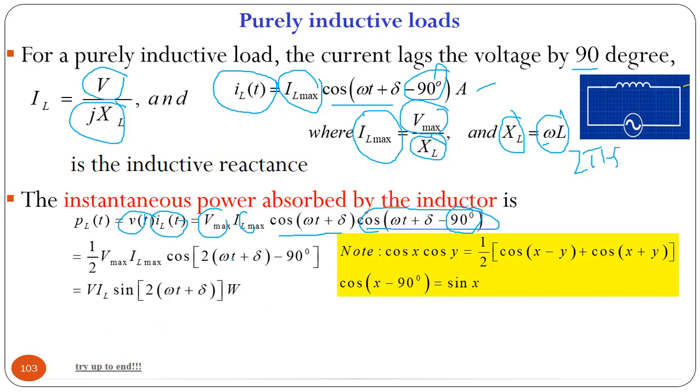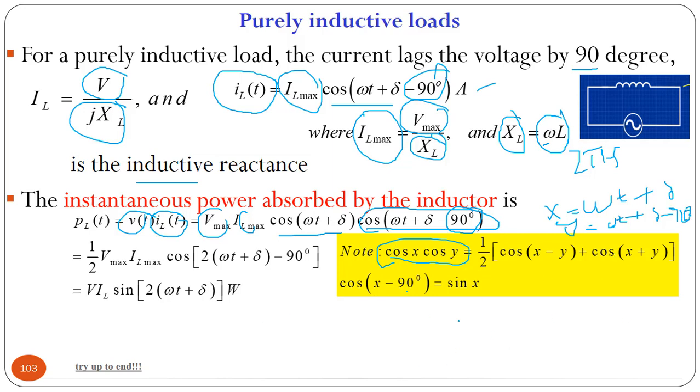Then by using trig identities, we have cos x cos y is equal to 1 over 2 times cosine of x minus y plus cosine of x plus y. Let x be equal to omega t plus sigma, and y be equal to omega t plus sigma minus 90 degrees.